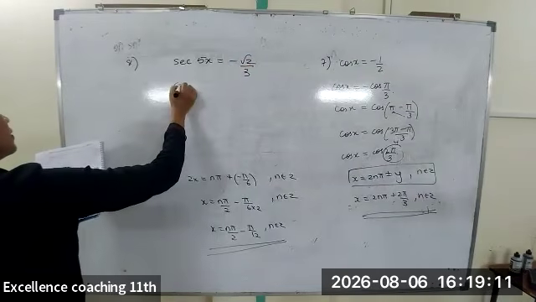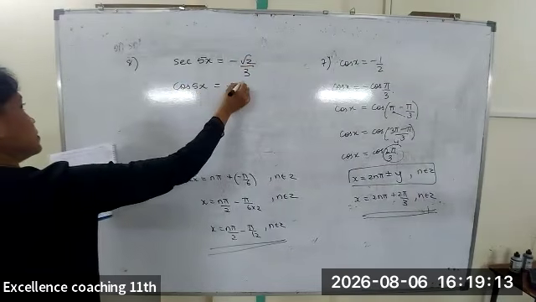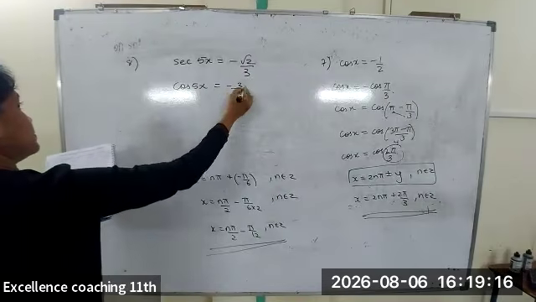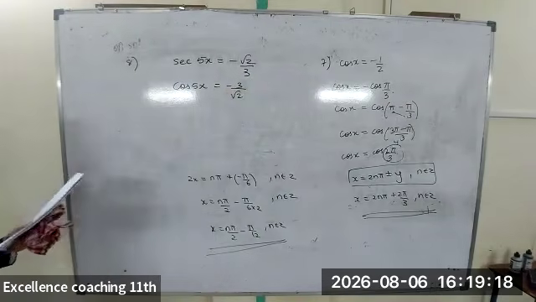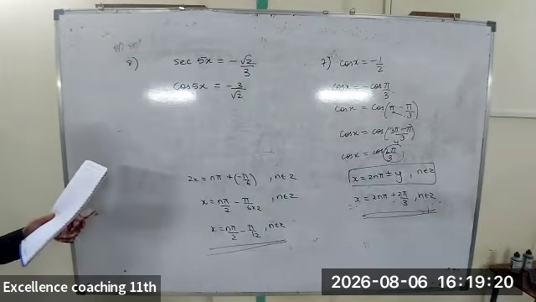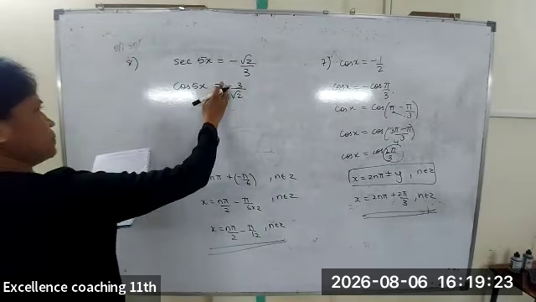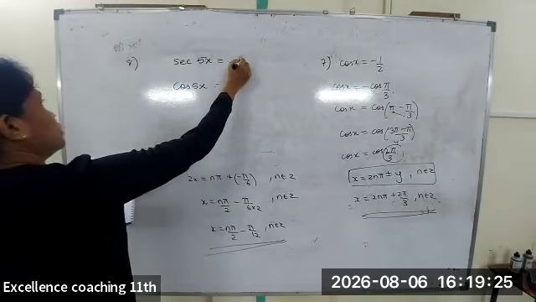You have to write it as p upon, it's reversed. So my mistake. This should be 2 upon root 3.